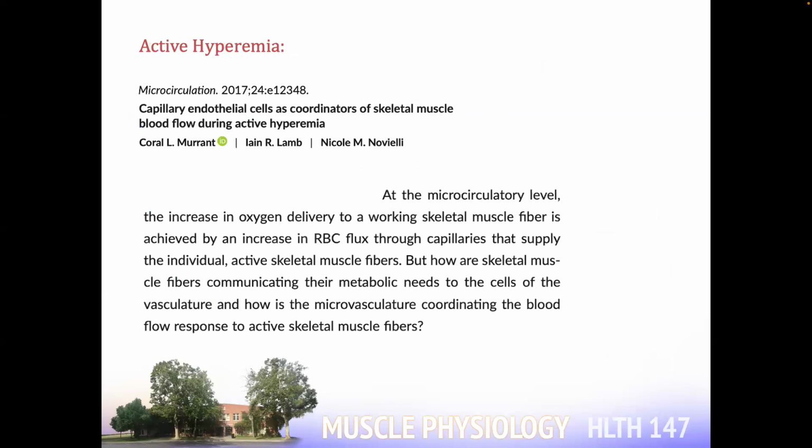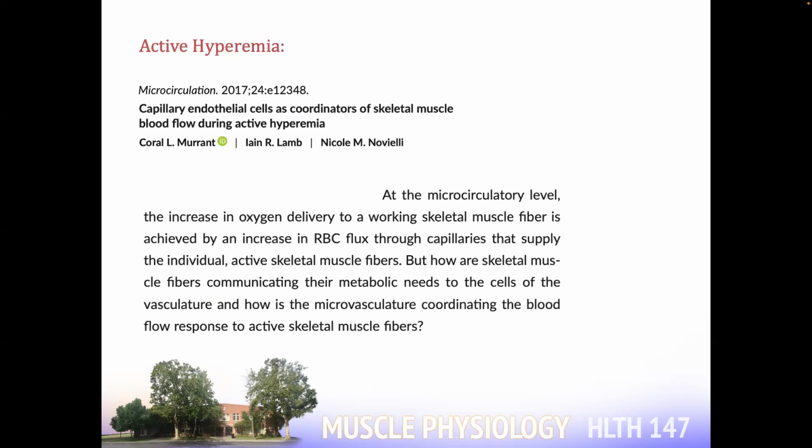And then the blood flow, the increase in red blood cell flux, is for the individual muscle fibers that are working. Blood doesn't just get hosed onto a whole tissue. The capillary beds surrounding individual fibers are where the blood is going, but it's only the working fibers with metabolism that need support that are causing this hyperemia.